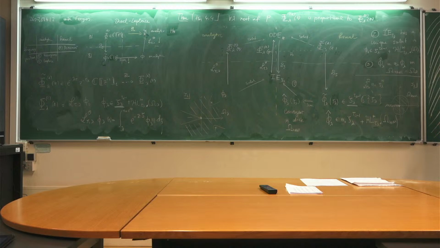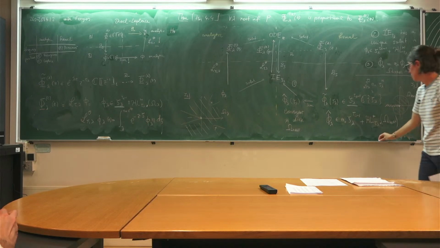Which means in particular that now, since phi lambda we already know is analytic in a much larger sector, once we have that two analytic functions agree on a certain domain, and one is much larger, we can say that phi lambda is the analytic continuation of phi lambda hat.